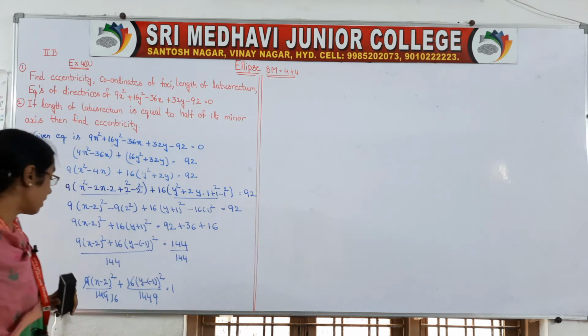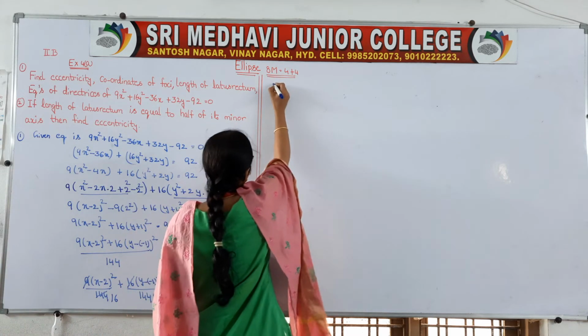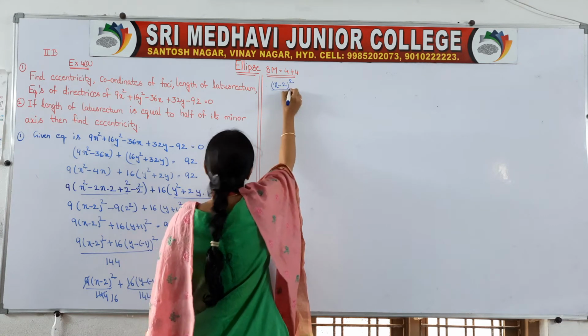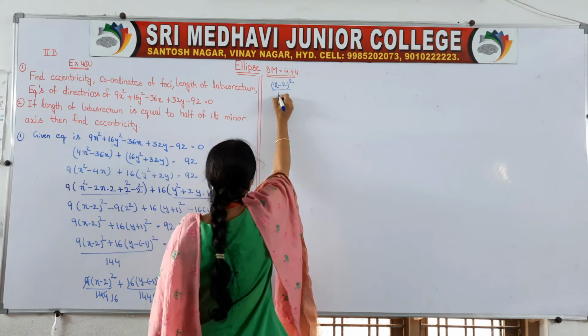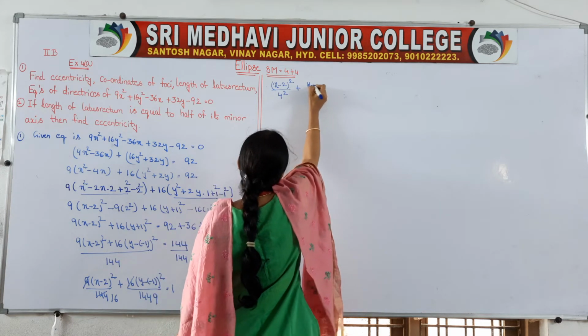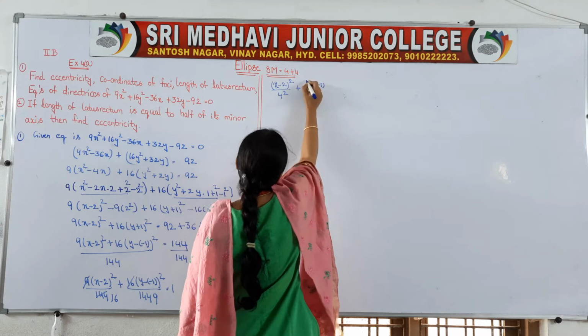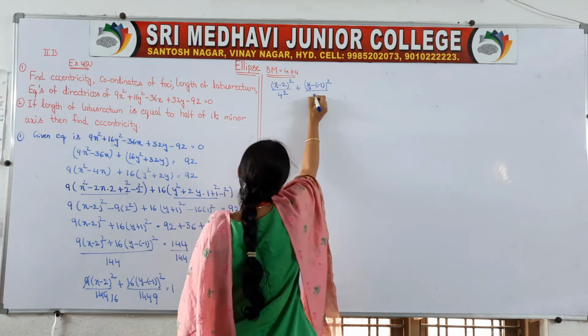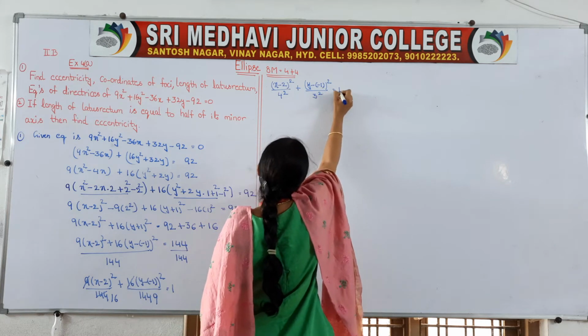So how can we write this equation now? We can write this as (x minus 2) whole square by 16, that is 4 square, plus (y minus of minus 1) whole square by 9, that is 3 square, is equal to 1.